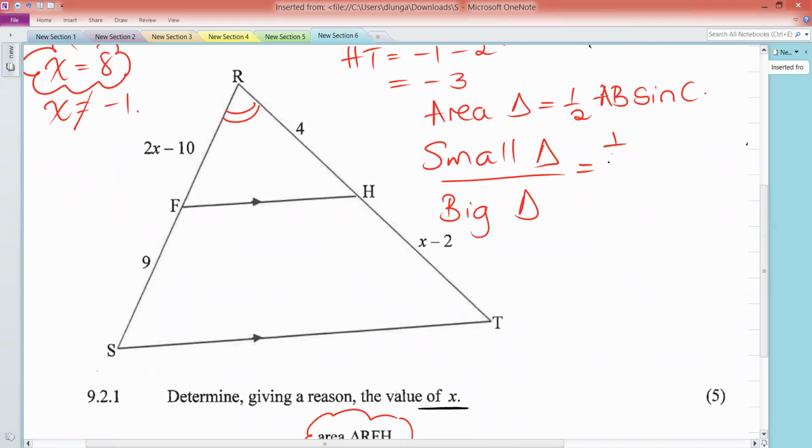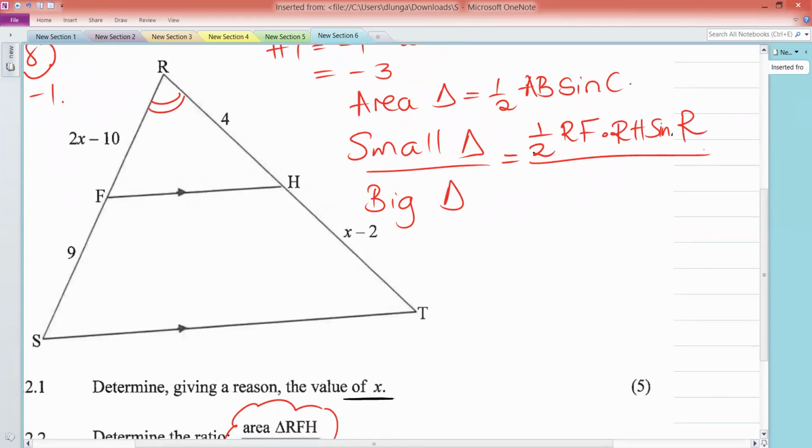So half of RF times RH times sine R, over half of RS times RT times sine R.